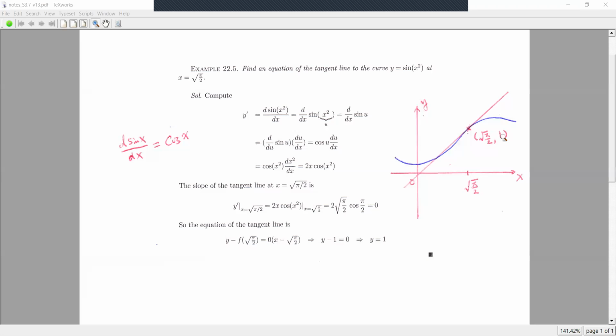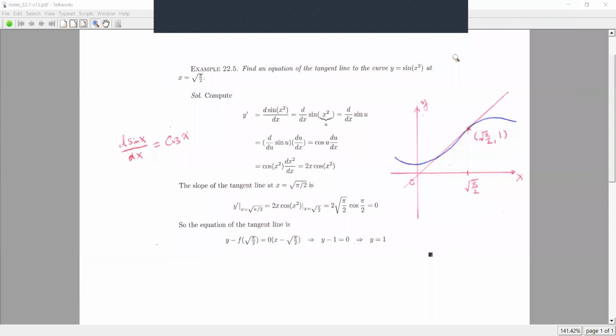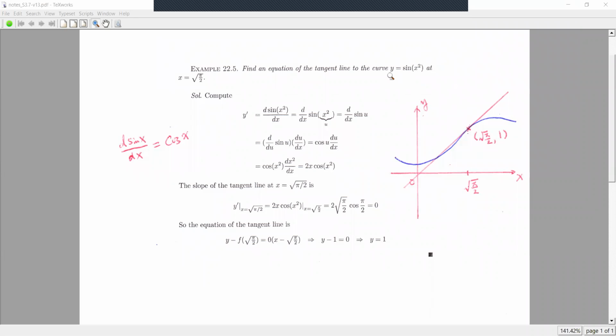Function value is 1. Now, at this point, there is a tangent line. We need to write down the equation of this tangent line. To write down the equation of this tangent line, we need to know the slope of the tangent line. To find the slope of the tangent line, we compute the derivative of the given function.